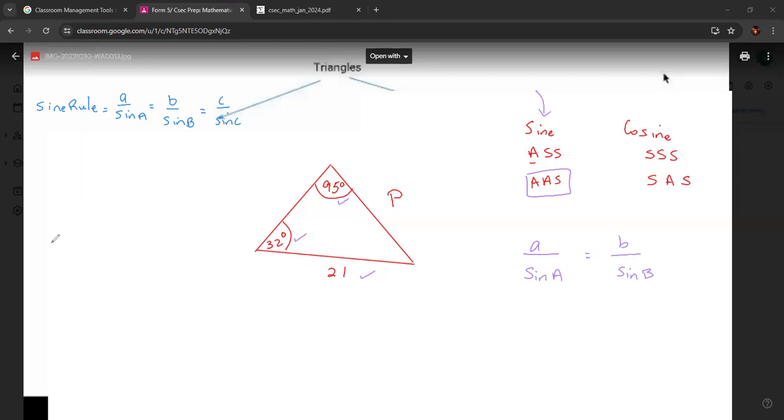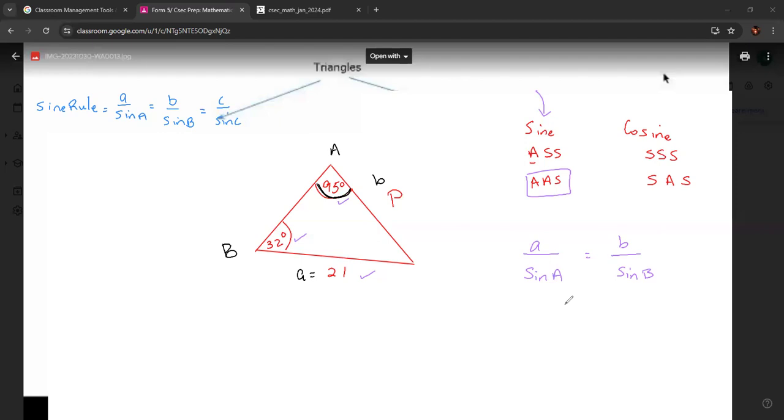So watch this one. Let's say this angle, I could label this A. It doesn't matter which one is A and which one is B. What you have to know is that if I label this A, the side that is opposite to it will be small a. And if I label this angle as B, remember the angles are capital, the side that is opposite will be small b.